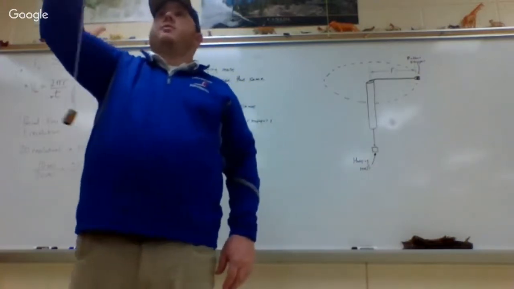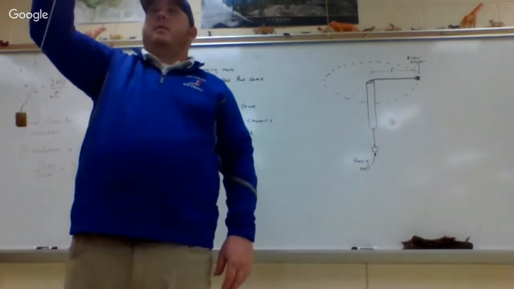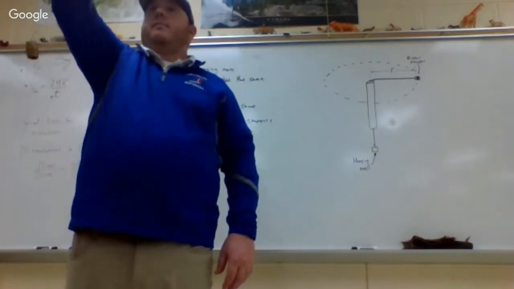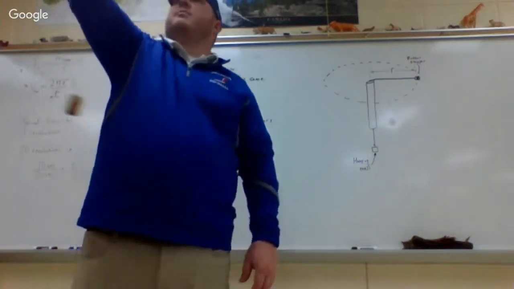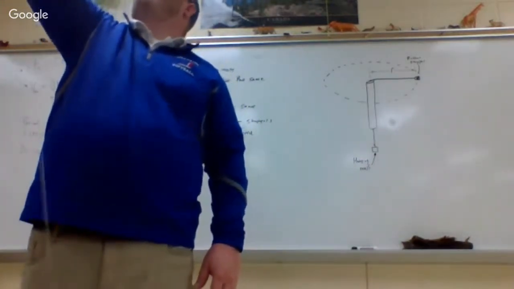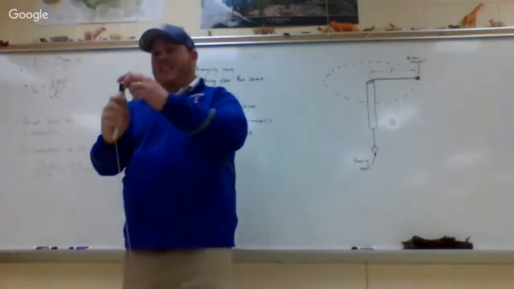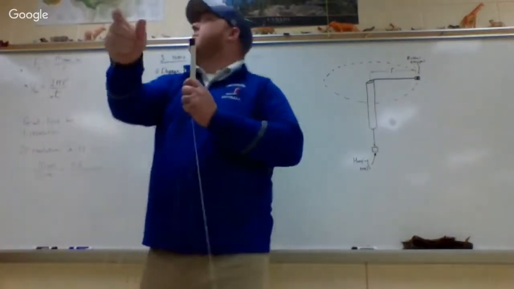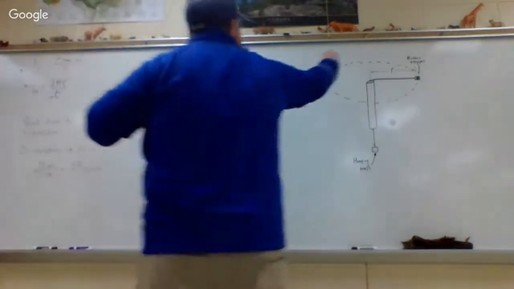So what happens if I swing it too fast? It's going to rise up, if I don't hit something first. I think I've caught it on the screen. So I get that for jumping all over this classroom.